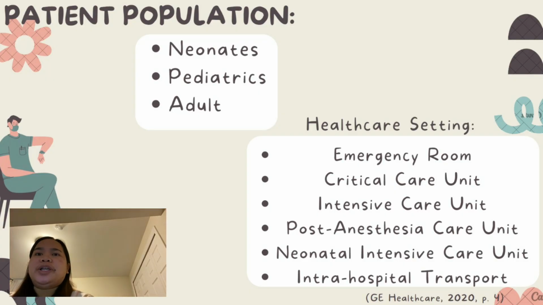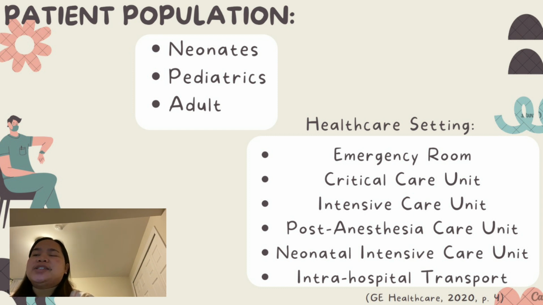For the patient population, those are individuals who will benefit from the patient monitoring system from GE Healthcare. First, we have the neonates, those who are newborns, pediatrics, such as the children, and the adult, from the young adult up to the older age.